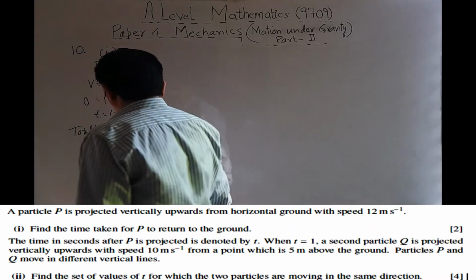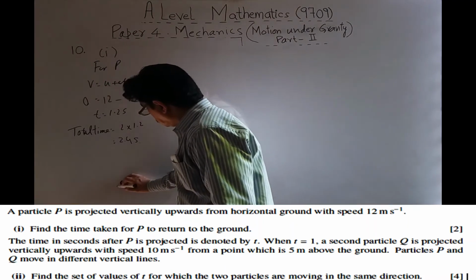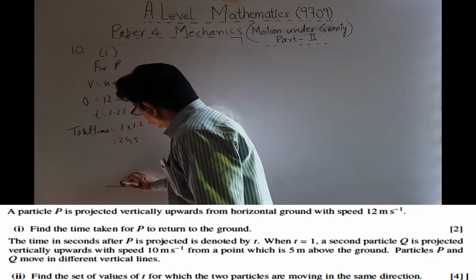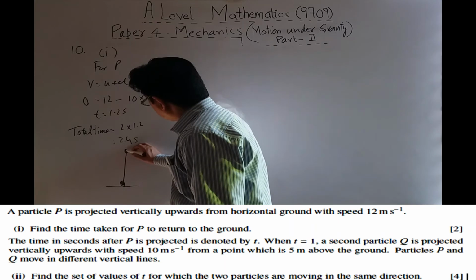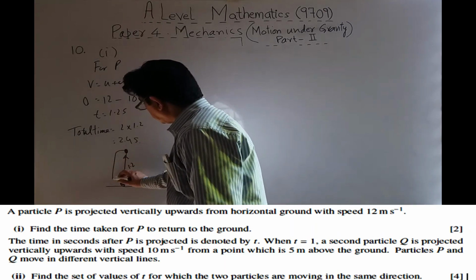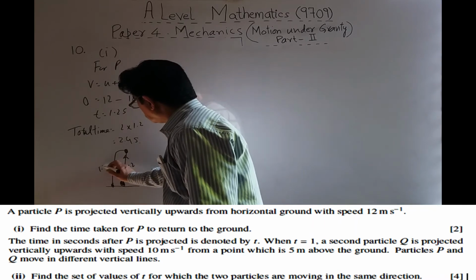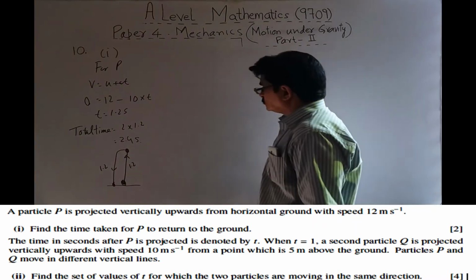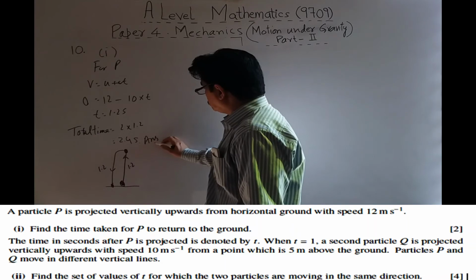So it means that the particle P, if it is projected from here, will take 1.2 seconds in going up and 1.2 seconds in coming back. So the total time for this is 2.4 seconds. This is the answer to the first part.